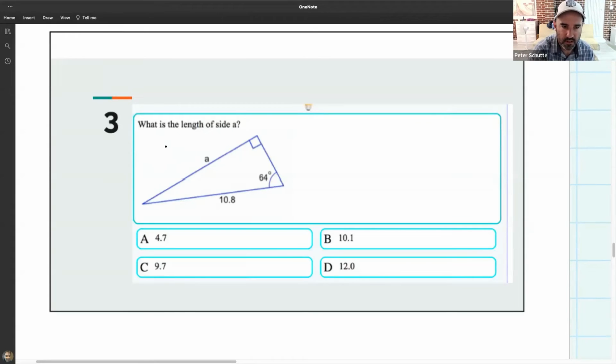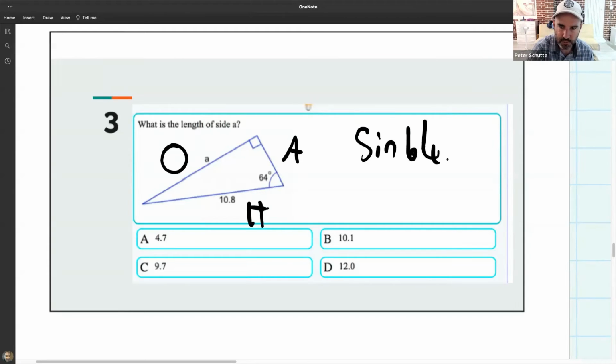This is going to be big O, that's going to be big H, that's going to be big A. What trig ratio is going to be involved? It's going to be O and H. So it's the sine of 64 is equal to A over 10.8.